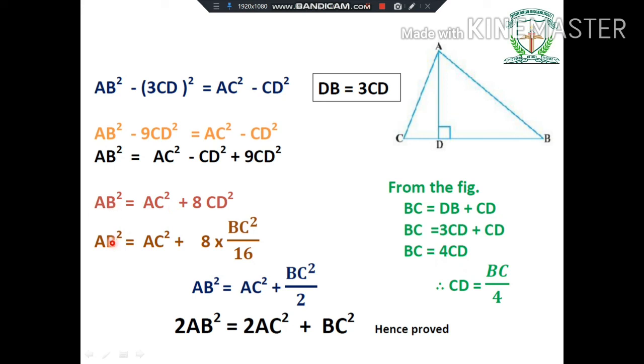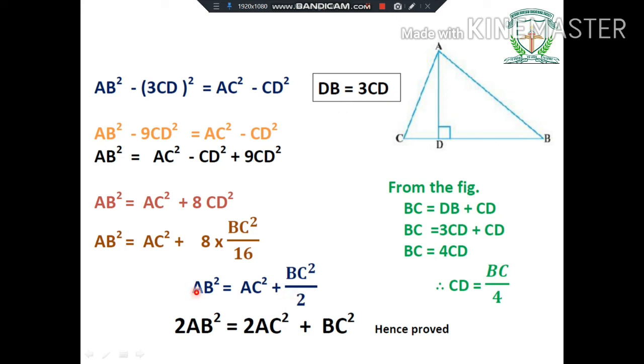So therefore write AB square as it is, AC square as it is, plus 8 also as it is, CD whole square. CD is BC by 4. BC by 4 whole square becomes BC square divided by 16. Write AB square as it is, AC square as it is. 8 and 16, you can cancel numerator and denominator. 8 ones are 8, 8 twos are 16. So BC square by 2. Here children, 2 is there in the denominator.